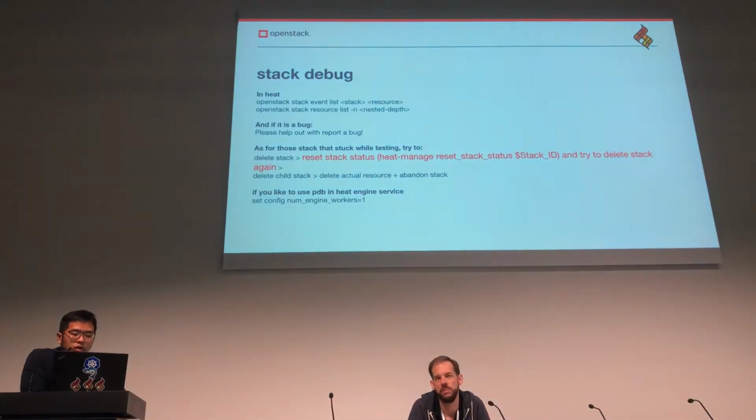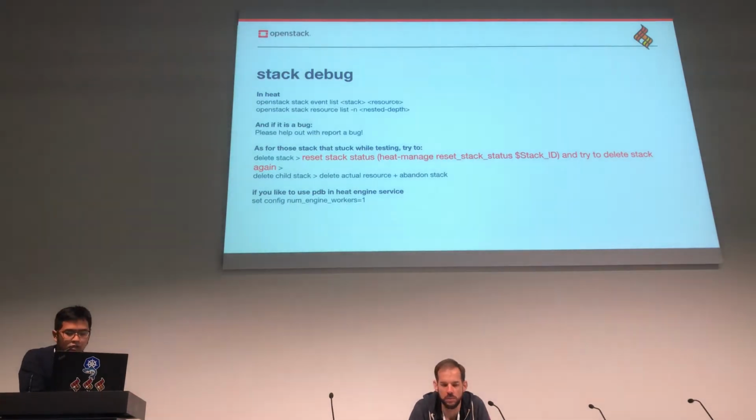It works the same for most mechanisms in Heat. So you can treat the child stack as a specific stack. I want all the events from a specific child stack which is broken, I want to see why, so events will be the thing.